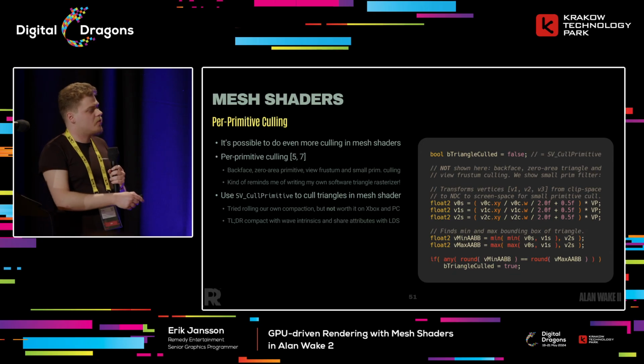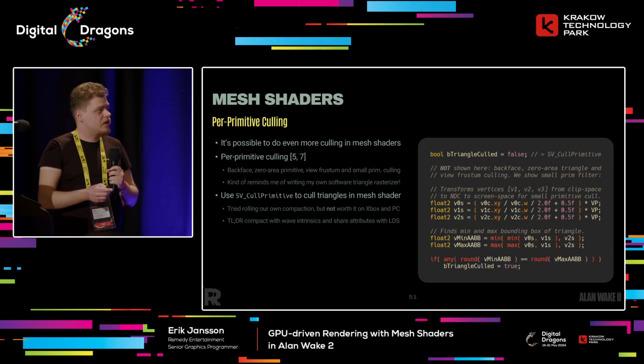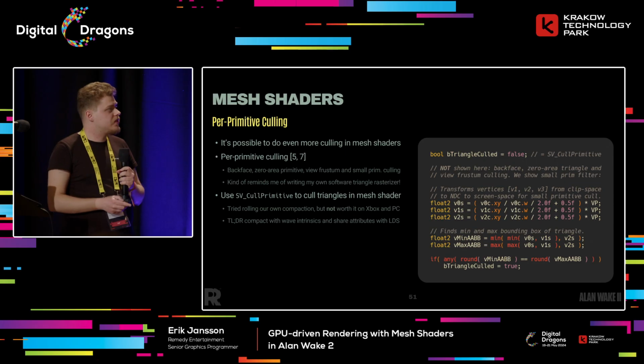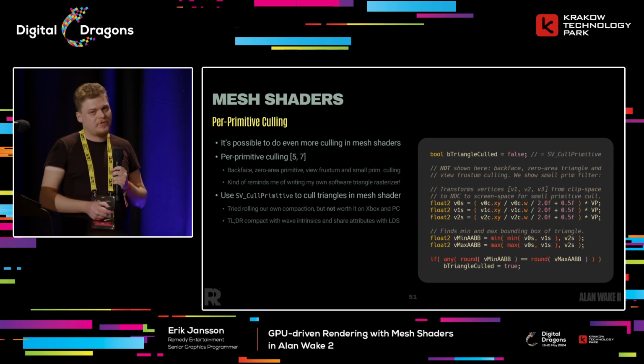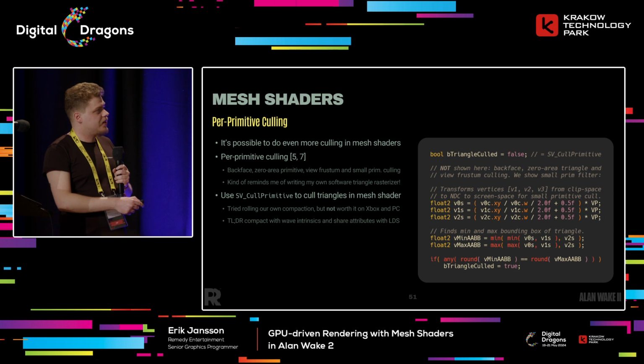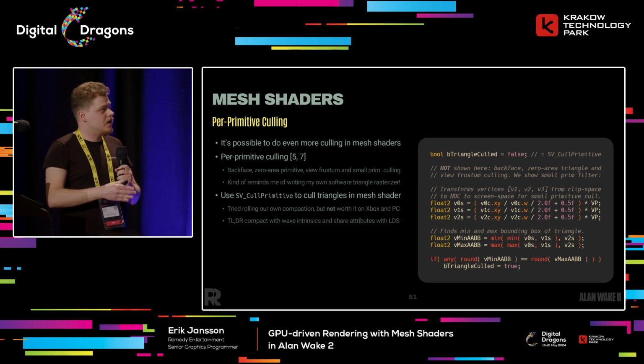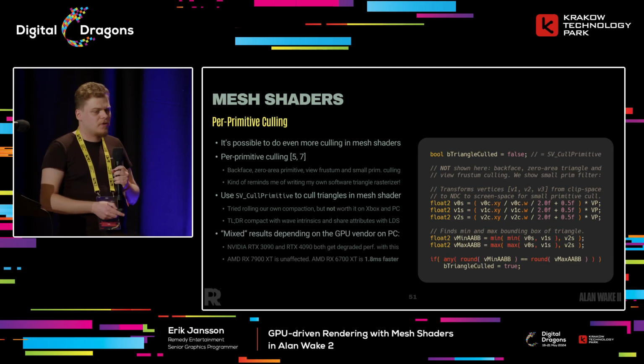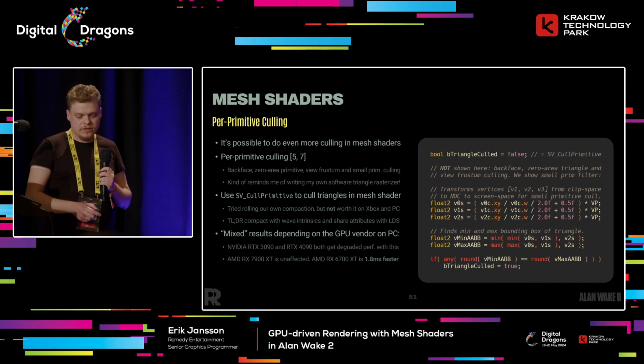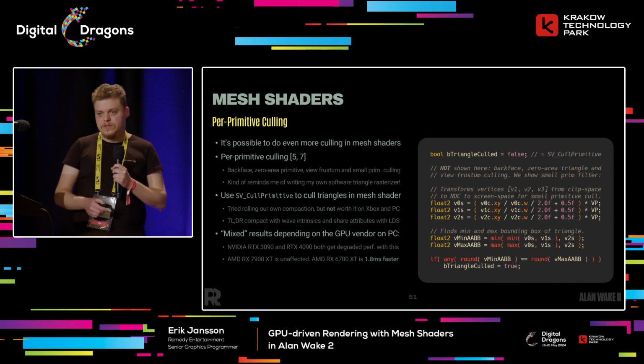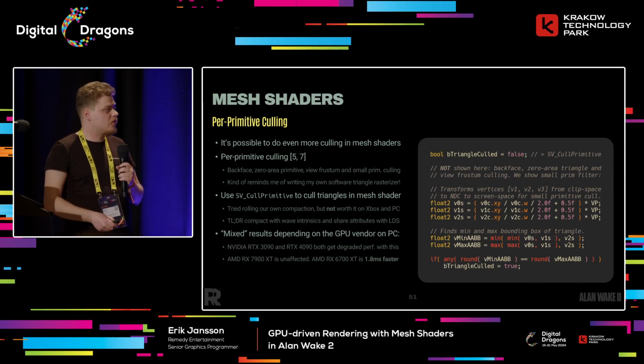All you need to do is take this bool triangle culled and pass this into the SV_CullPrimitive. We tried rolling our own compaction code, but that wasn't really performant on PC or Xbox. You can do this in some special cases and get a performance win, but I'd recommend that you don't. It's usually more work than it's worth. But the basic idea is that you use wave intrinsics and then share the attributes using LDS. We also got mixed results on PC. On NVIDIA hardware, this is a performance loss in our case.